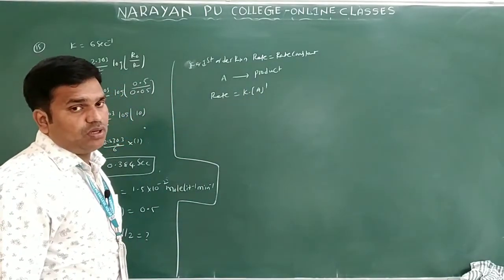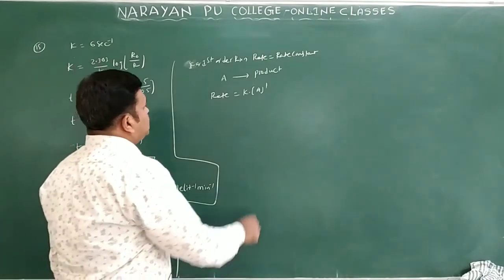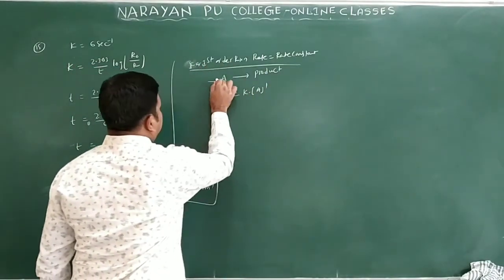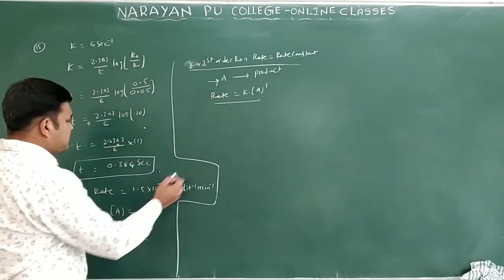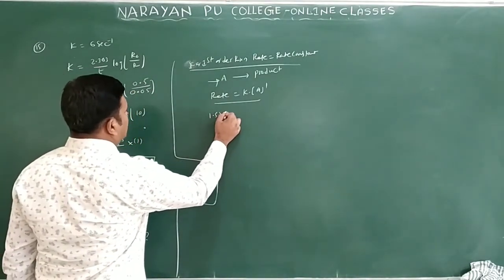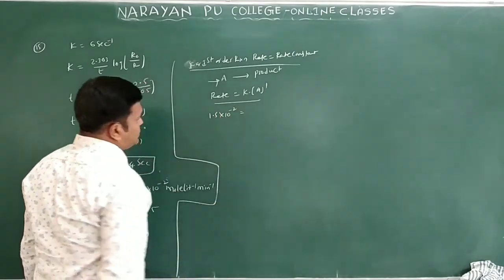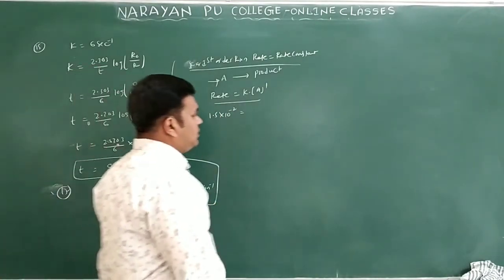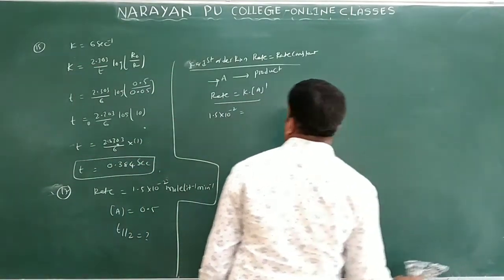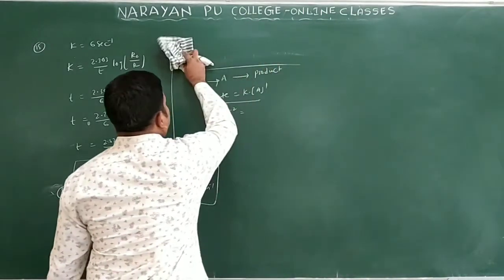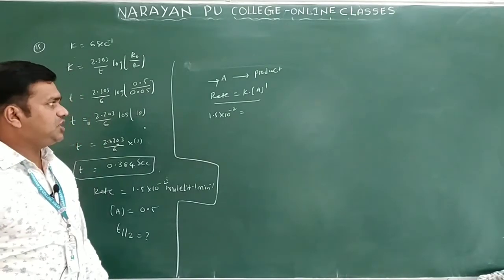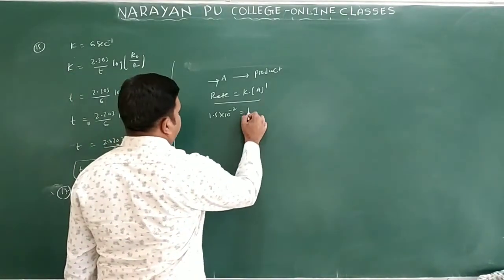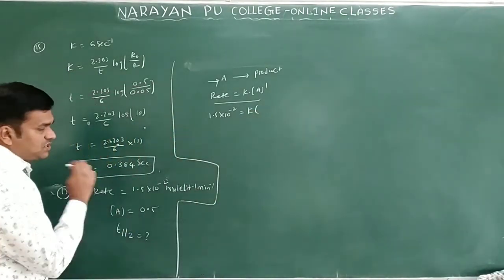Generally this is the formula I am taking. The rate given here is 1.5 into 10 power minus 2. Not for first order, I think it is for a zero order reaction. Okay, I'll leave this one. So A gives rise to product. Rate is equal to K into concentration of A whole power 1. So this is K. What is the concentration given here?